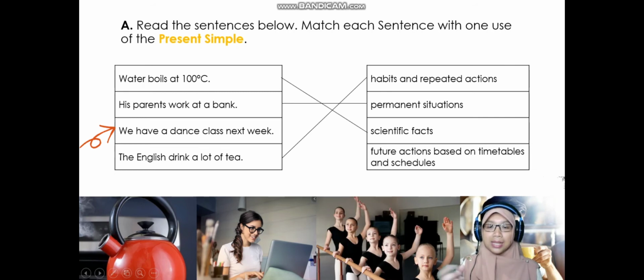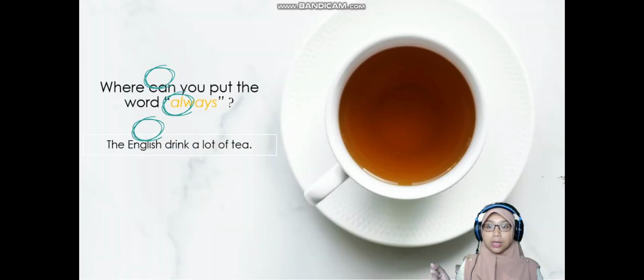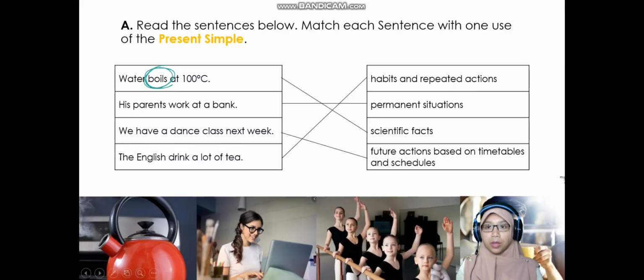Next week means future action, but based on timetables. So this kind of sentence and also situation, as you can see, the verb is being written in present simple.